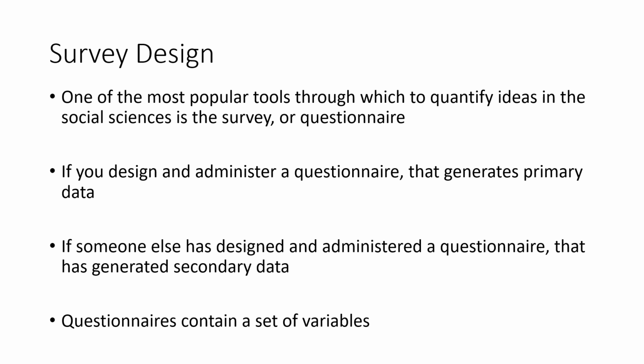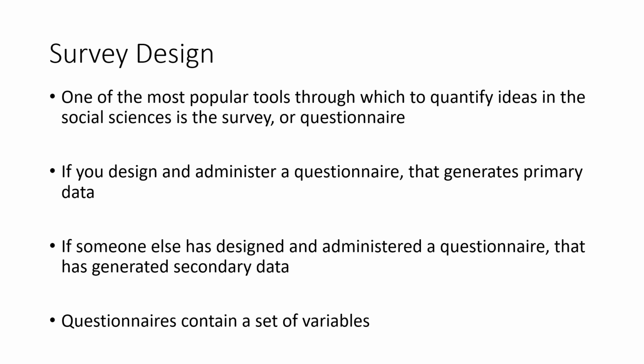Now, that's not the only way to access data in the social sciences. Data collection, of course, is expensive, and many people don't have the means or the know-how to design and administer their questionnaire. So the second source of data is what we call secondary data. If someone else has designed and administered a questionnaire, then we call those data secondary data.